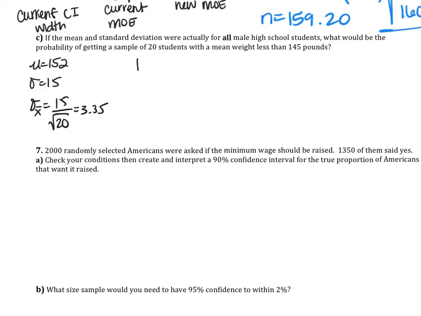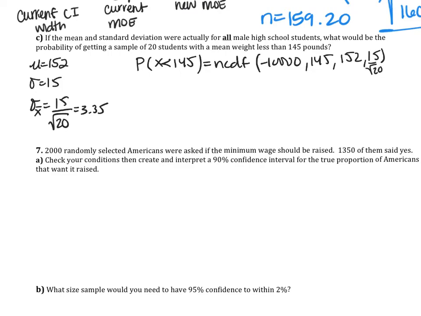And I'm looking at the probability of a mean weight less than 145 pounds. So I'm looking at normal CDF. A lower bound is something large and negative, 145 is an upper bound, a mean of 152 and a standard deviation of 15 over root 20. And I will get approximately 0.018.